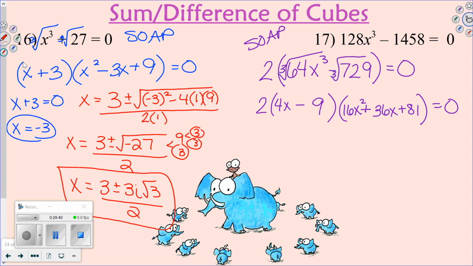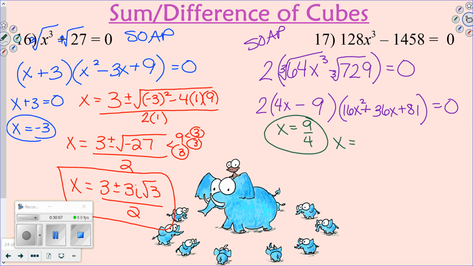It's not going to. All right, so from here, will baby brother give me an answer? There's no x on him. All right, what do I get right here? What's this one give me? 9 over 4. There's one answer. How do I solve the other part? Quadratic formula.